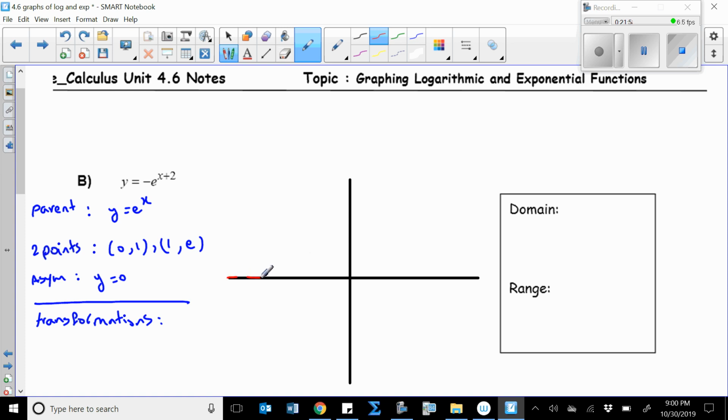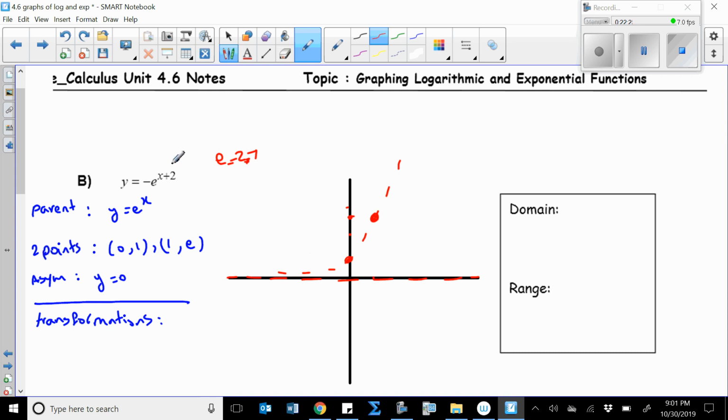So this is my asymptote, y equal to 0. We know that e is equal to 2.7, so it's going to be almost here. So 1 and e will be at this point. So this will be the parent function.